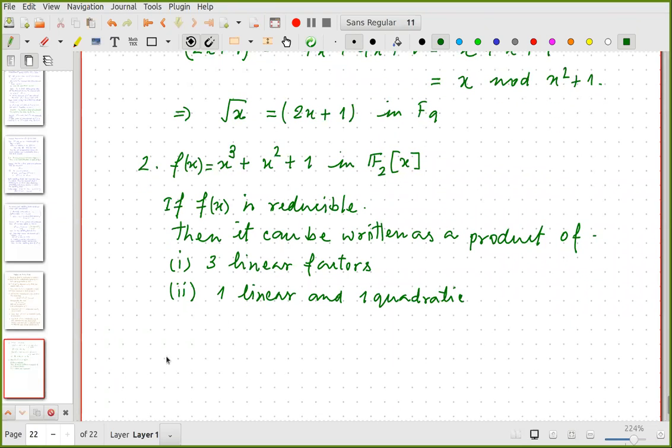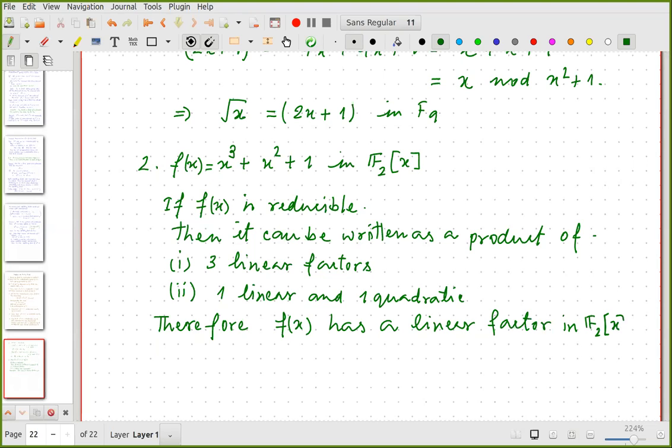Since these are the two options, it has to have a linear factor. So if it is reducible, then it has to have a linear factor over F2, in F2[x].